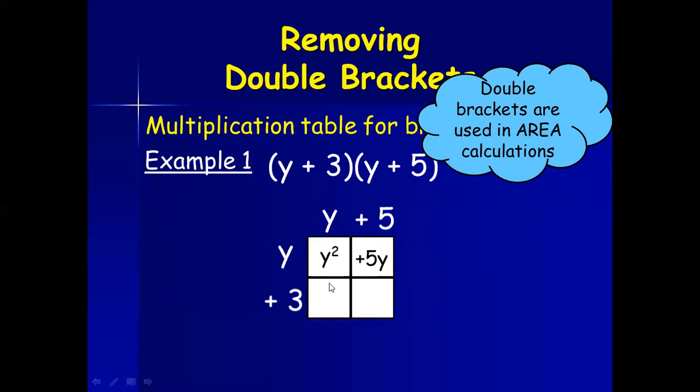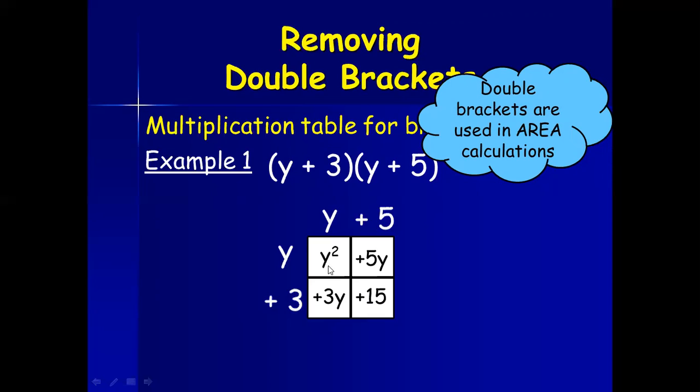And then this square is 3 times y, so it will be 3y. And the last square is 3 times 5. Actually, they are not squares, they are rectangles, but they look like squares. So it will be 15.